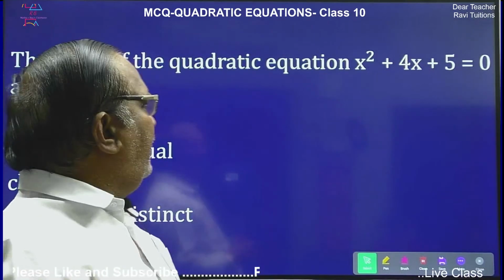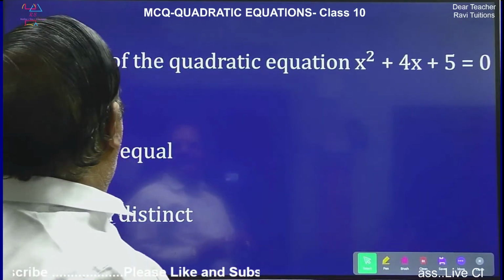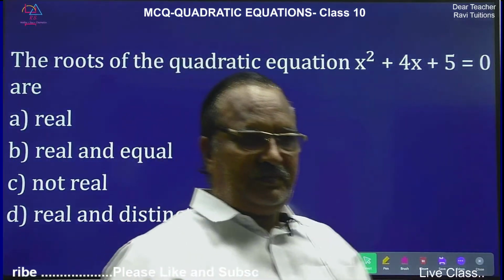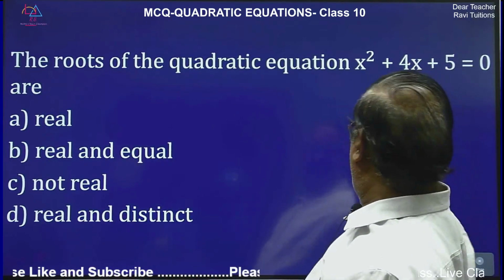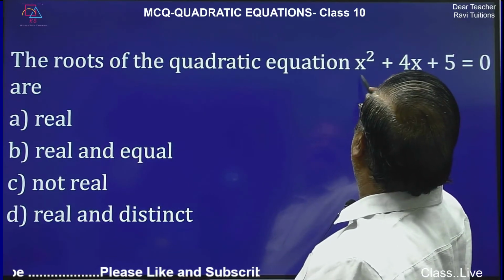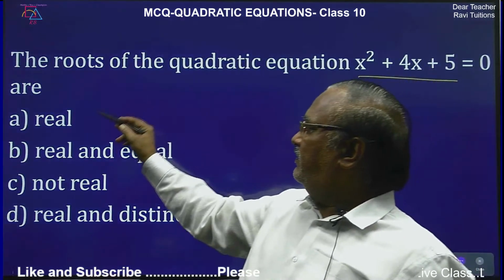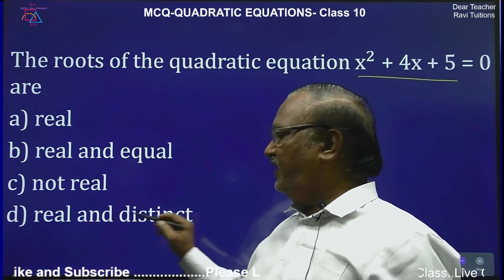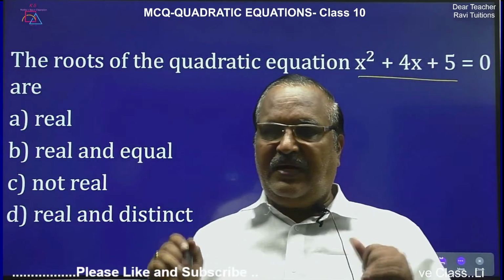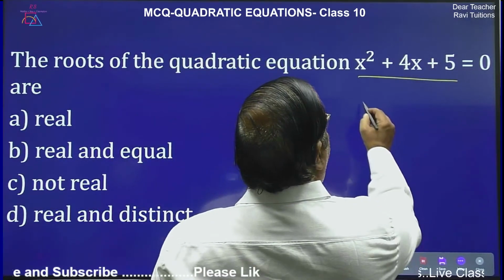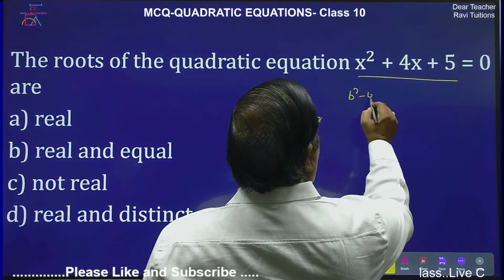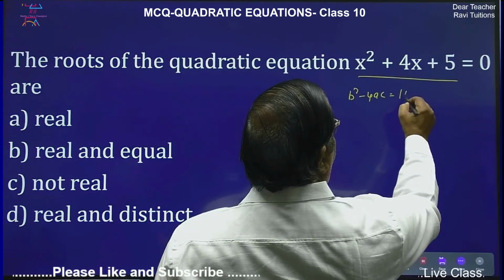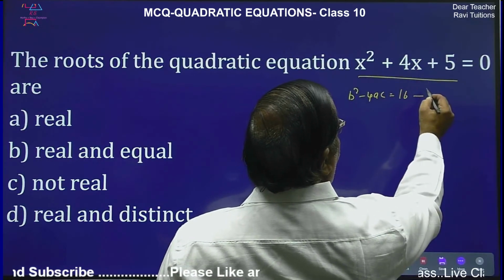So the roots of the quadratic equation are real. What to do? He directly asked the nature of the roots. Are they real? Real and equal? Not real? Real and distinct? You have to find out the answer. For this, b square minus 4ac. So b square is 4 square, 16, minus 4 into 5, 20.